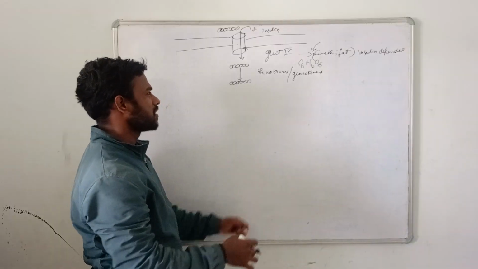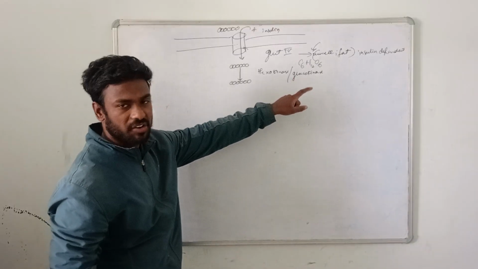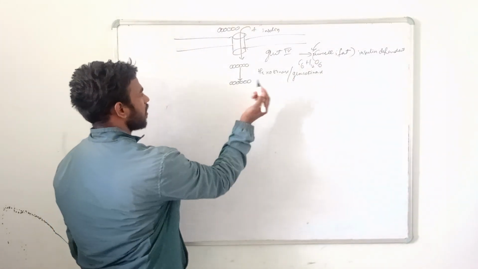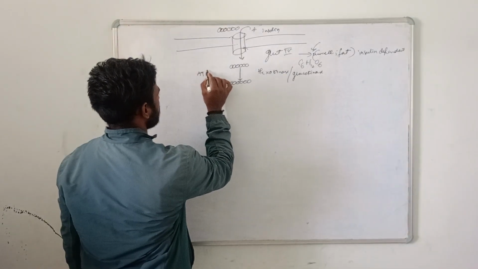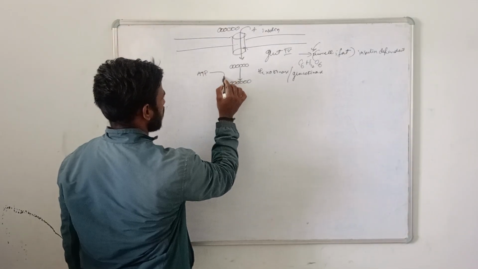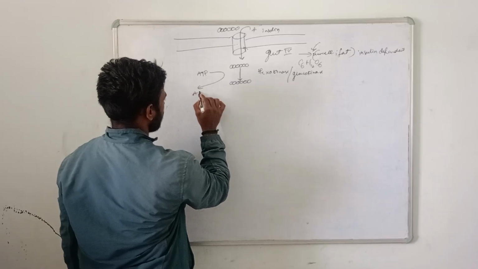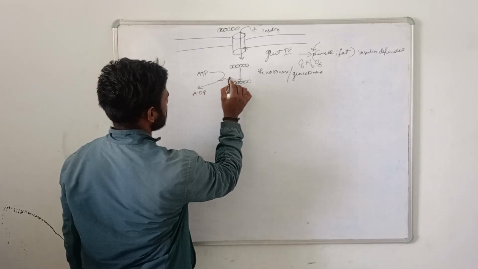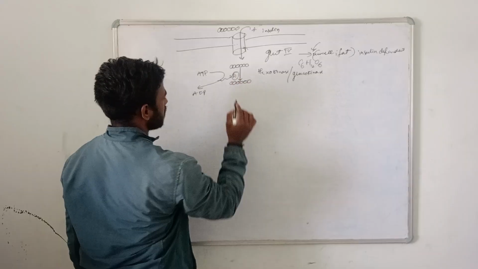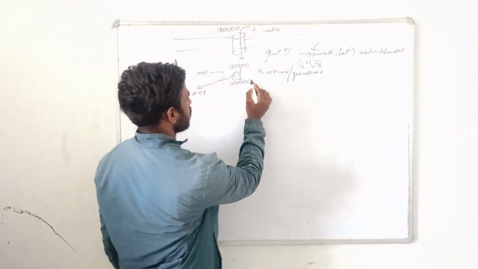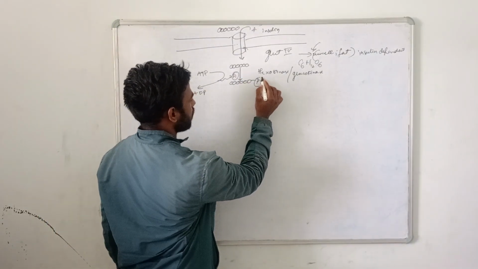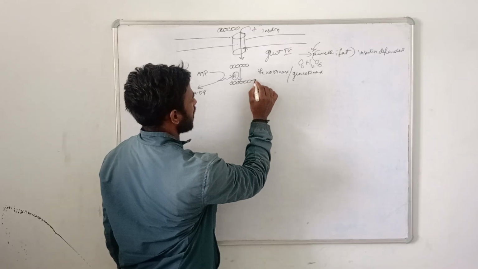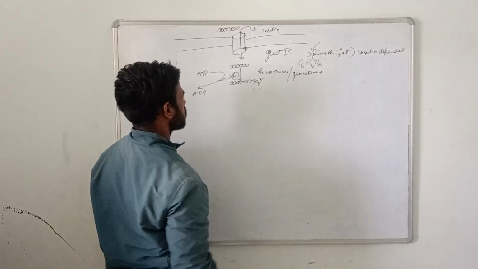Hexokinase is the enzyme present in the muscles and fats, whereas glucokinase is present in the liver. And it incorporates ATP molecules. ATP molecules will break down to produce ADP molecules. In this process, it produces one phosphate. This phosphate will be added to the glucose.